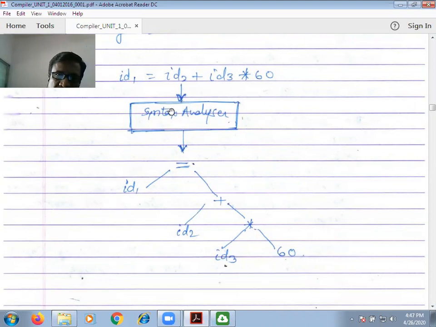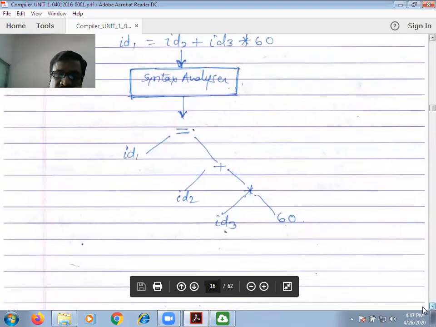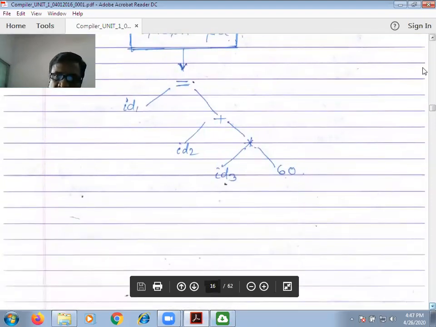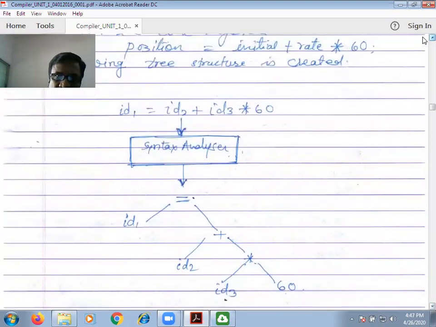The output of the syntax analyzer is somewhat like this: a parse tree is constructed for those tokens, but this parse tree is nothing but a derivation which is generated for each and every token. Or we can say that for that type of pattern we have to design some context-free grammar or some productions in advance.